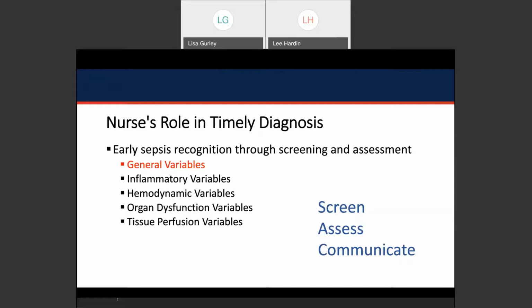Several early warning scoring assessments are available to facilitate timely identification of sepsis. Some facilities have sepsis rapid response teams. It's important for the nurse to understand what to assess as well as the rationale. Indicators of sepsis include general, inflammatory, hemodynamic, organ dysfunction, and tissue perfusion variables.